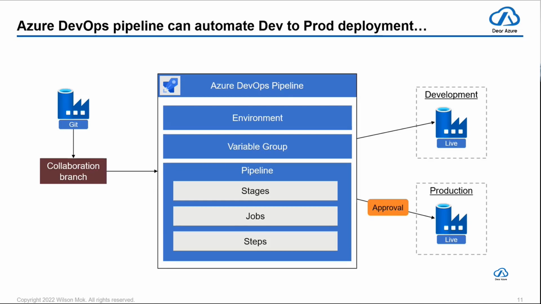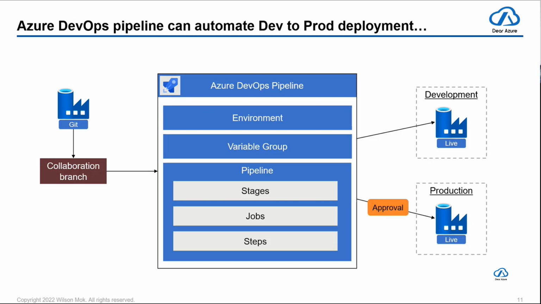So let's dive a little bit deeper into the Azure DevOps pipeline process. In the DevOps pipeline, we will focus on three primary components: environment, variable group, and the pipeline itself. In the environment, this is where we will define the development, UAT, and production environments. For each environment, we have the ability to define the different stage gating process or the approval process that we want.